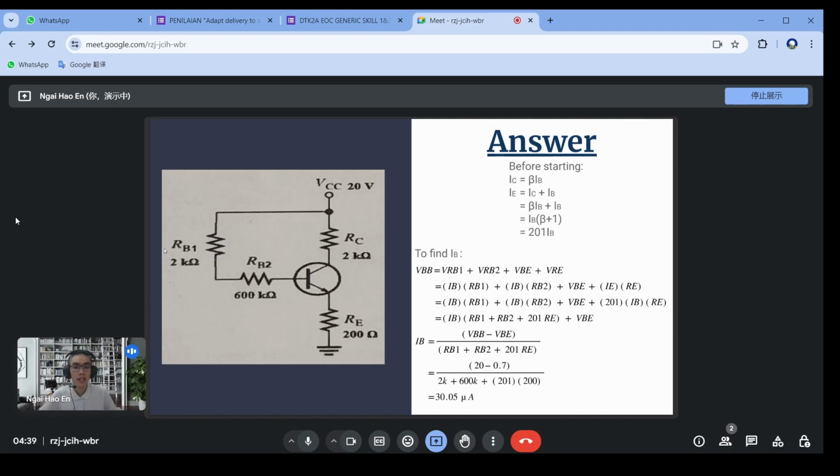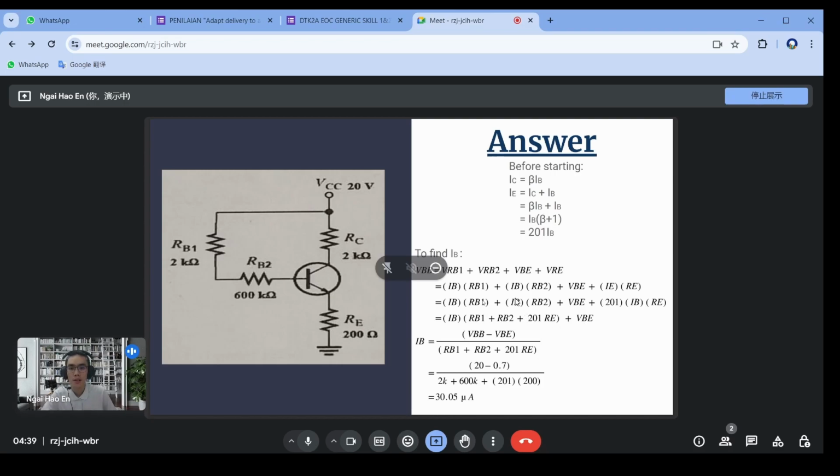Since IE is equal to 201 times IB, we can substitute it to 201 times IB times RE. And VRB1, VRB2 we write as IB times RB1 plus IB times RB2. You can see that we got three IB terms here, so we can take IB out and write IB times RB1 plus RB2 plus 201 times RE as an equation, plus VBE.